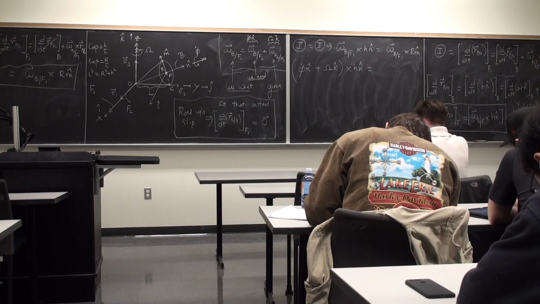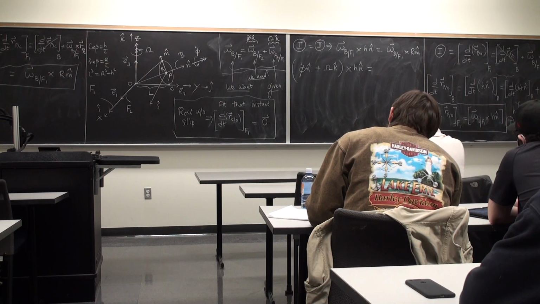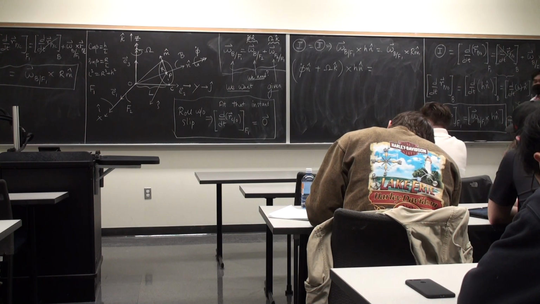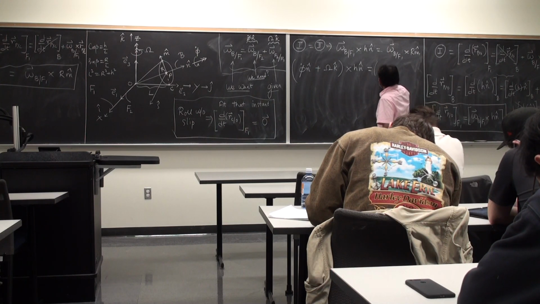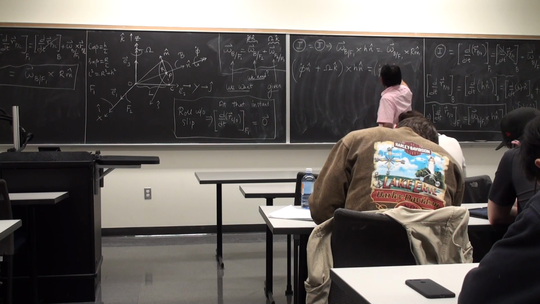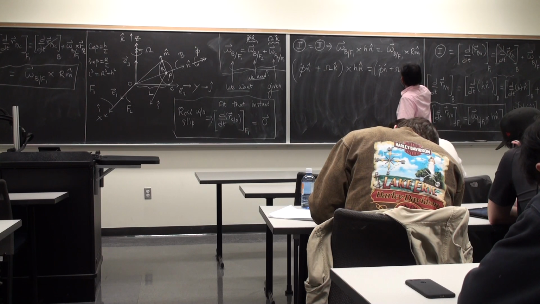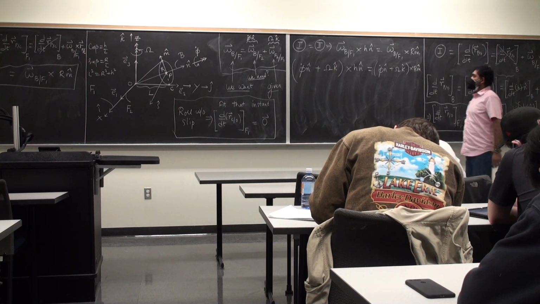Right, does this make sense to everybody? And omega b/f1 on the right hand side is also the same thing: phi dot n hat plus omega k hat, crossed.